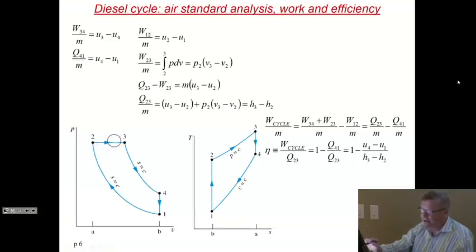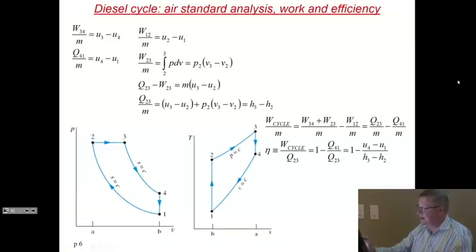And you have the work that's being done during this heating part of the stroke, W23, which is P(V3 minus V2). Now, because of this, the heat that goes in, Q23, is H3 minus H2. We have just seen that. Whereas the heat that you have lost, Q41, the cold side out heat, is U4 minus U1.